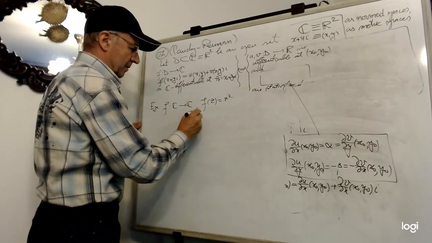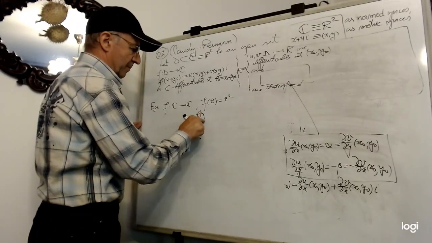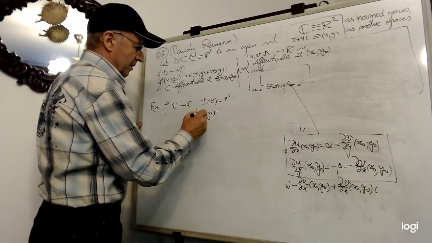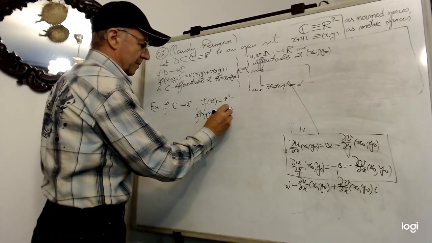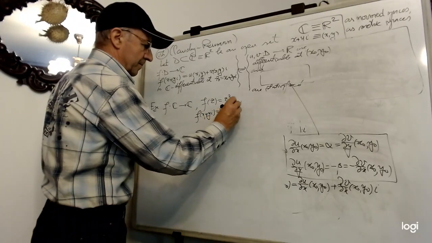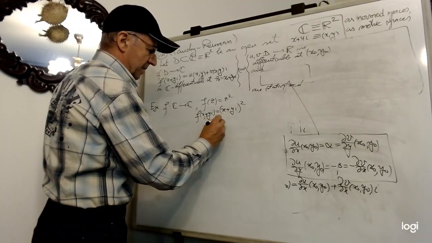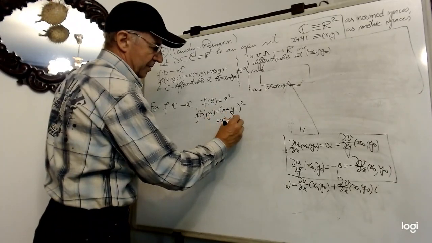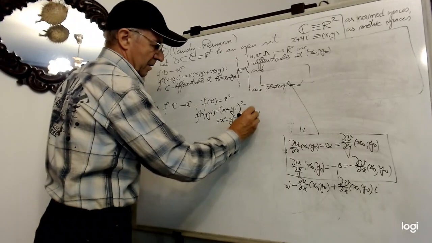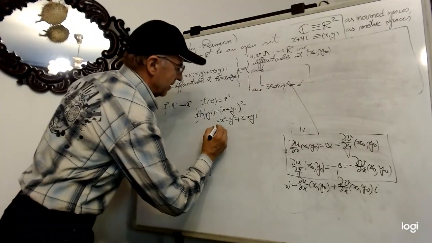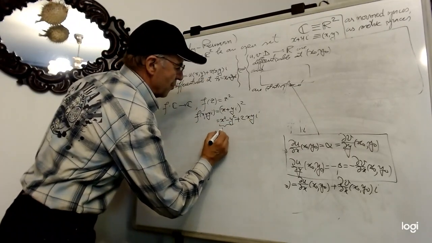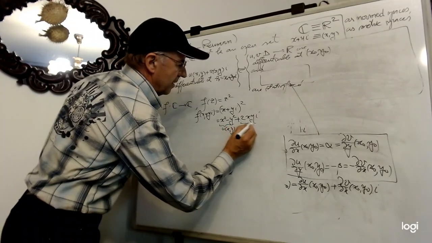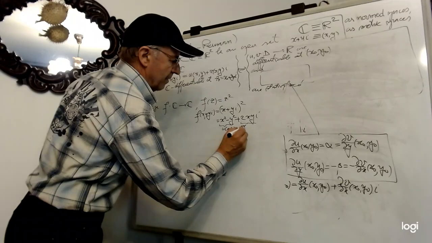The real part of this function: f of x plus yi equals x plus yi squared, which is x squared minus y squared, this is the real part, plus 2 times x, y, i. So this is our function u of x and y, and this is our function v of x and y.